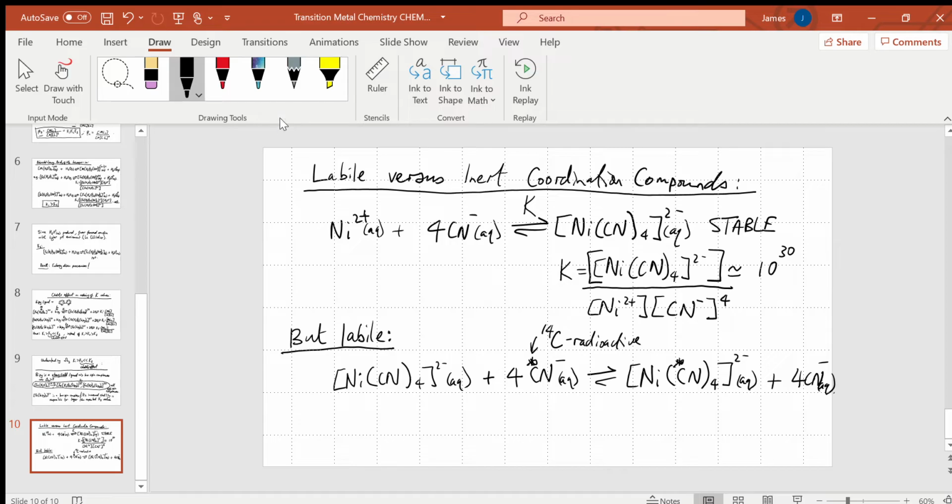Remember that equilibrium is a dynamic process.